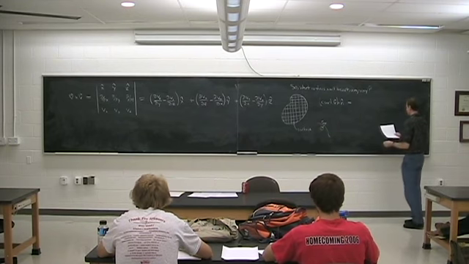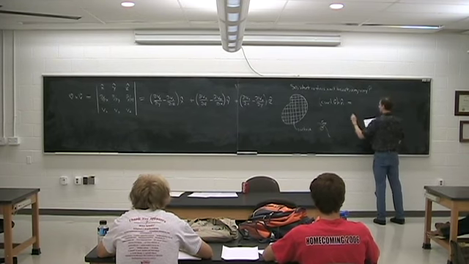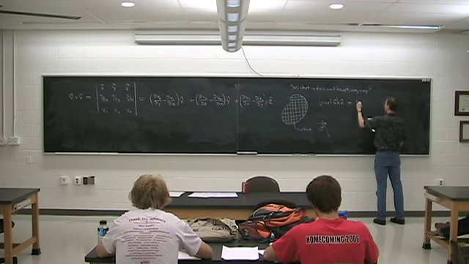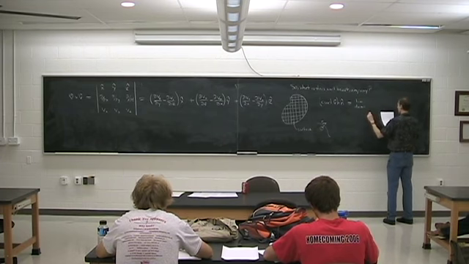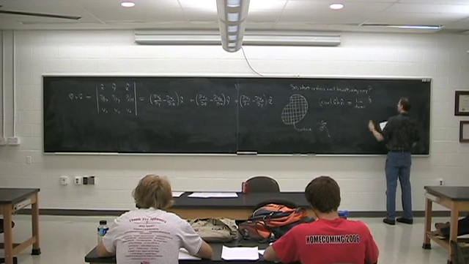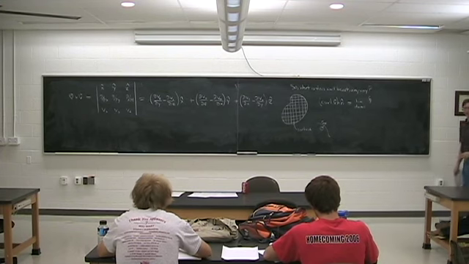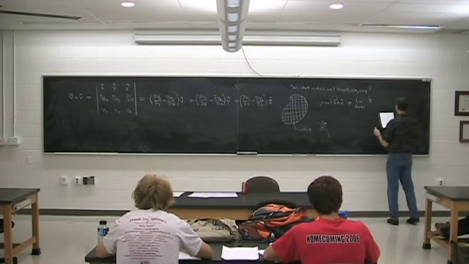Curl of V dotted into n hat, by definition, is equal to the limit as the area of the little patch goes to 0 of the ratio, not of flux to volume like we did for divergence, but of line integral to area.